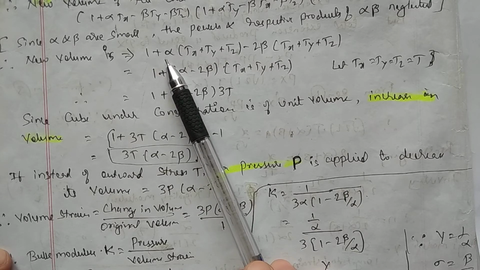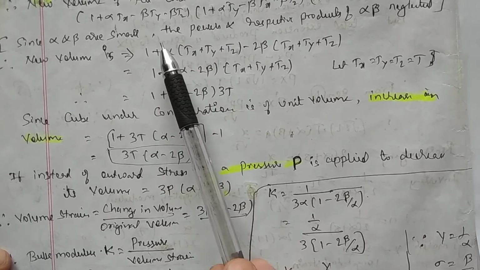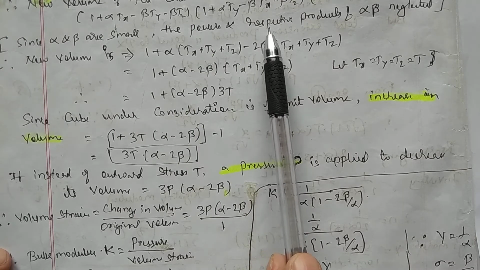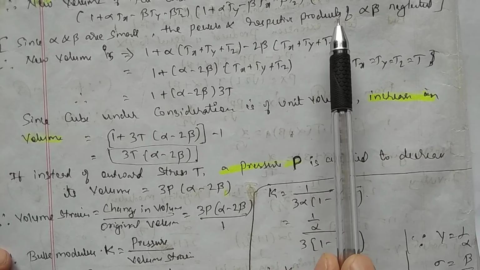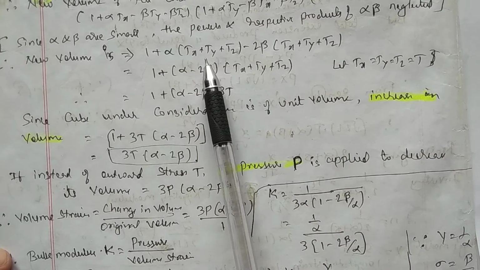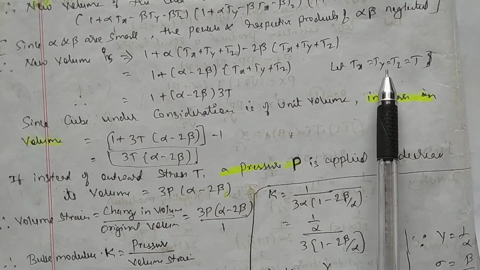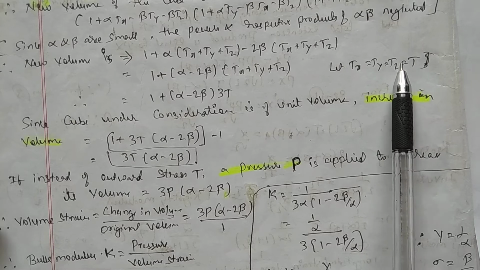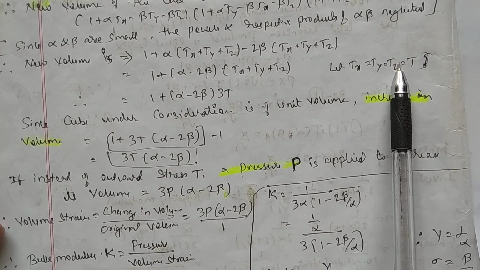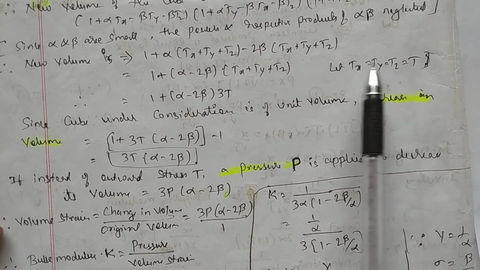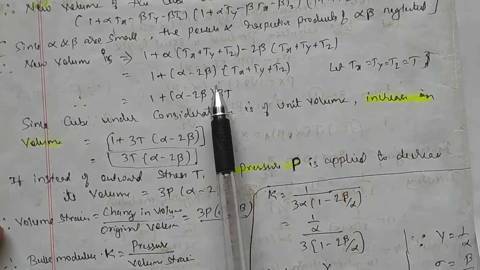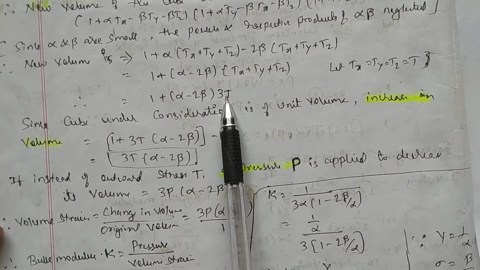As we observe, the powers and their products are neglected. So we get this equation, and therefore it reduces to 3T.